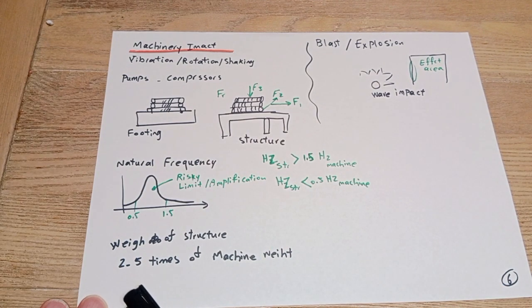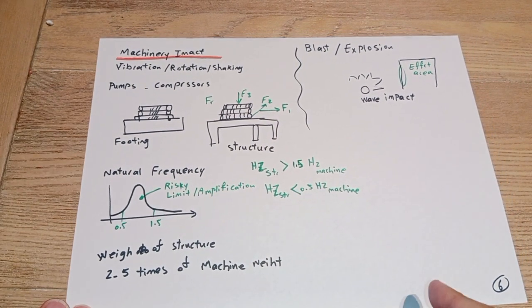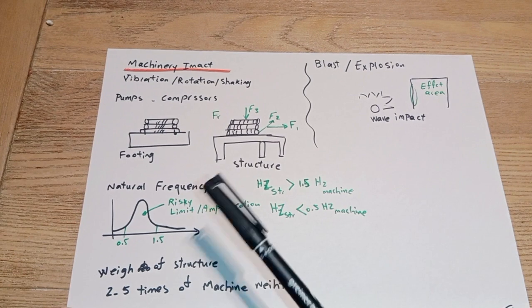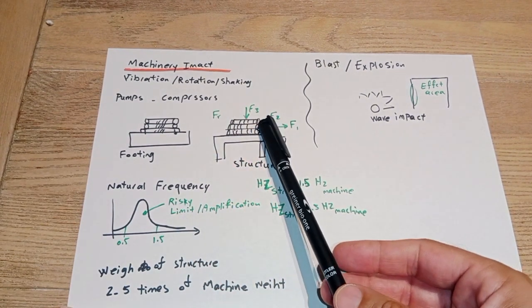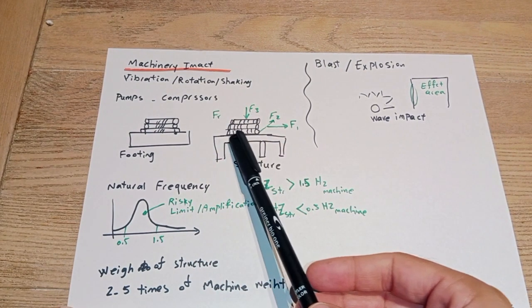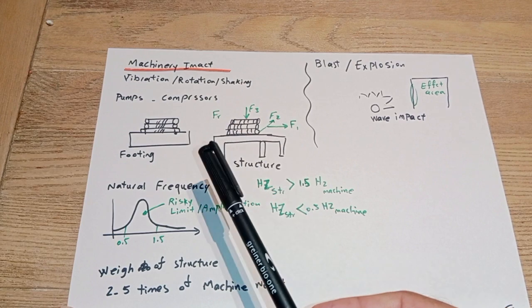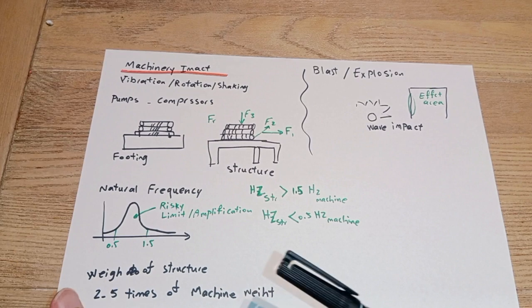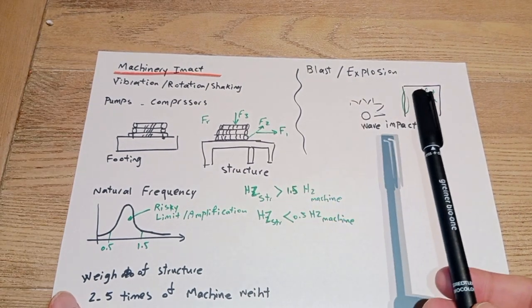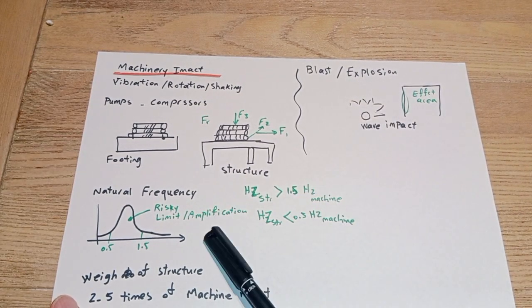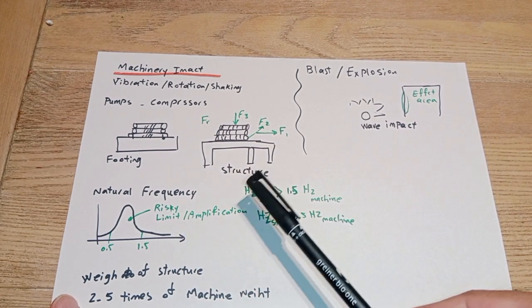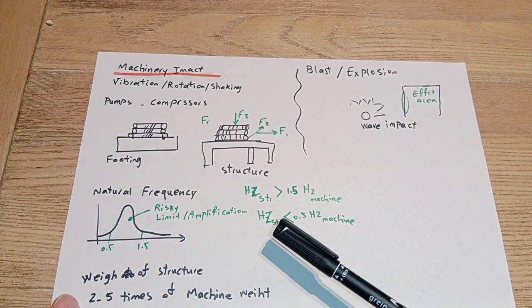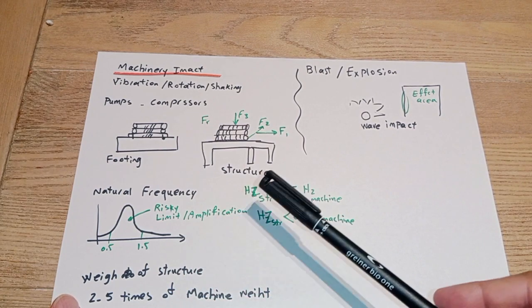That should be always 2 to 5 times the machine weight. I suggest to have at least 3 times. Let's say if the machine is 1000 kilogram, our foundation or structure should be at least 3000 kilogram weight. That is a very critical and safe design to avoid amplification and resonance effect, and have a safe design for machinery impact.